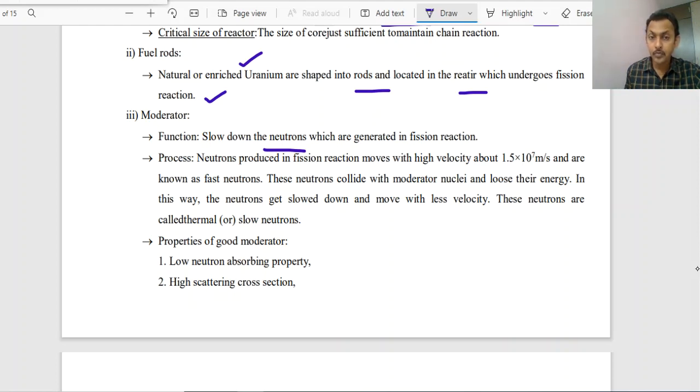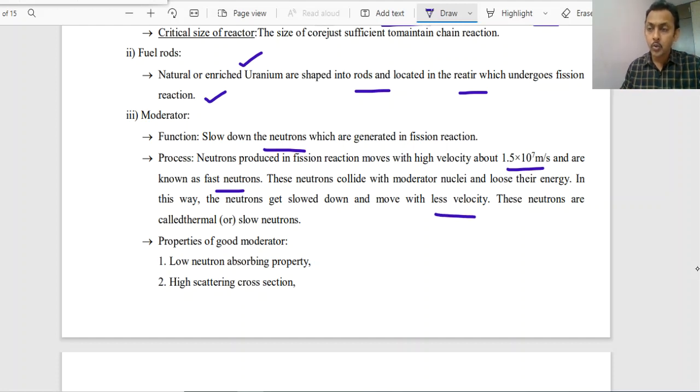Before slowing down, these neutrons will be at a high velocity of about 1.5 x 10^7 meters per second, and they are known as fast neutrons. These neutrons collide with the moderator nuclei and lose their energy, so the neutrons are slowed down to a lower velocity.